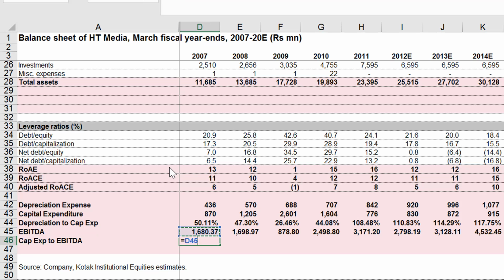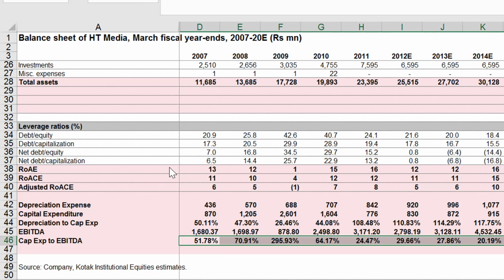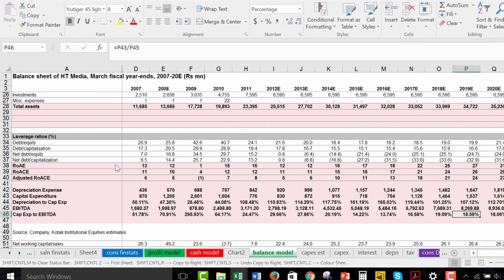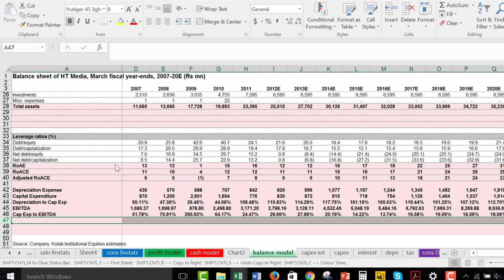And in the historic numbers, we have 51%, and then remember, this doesn't include all those acquisitions either, and then it goes all the way down to 18%. Something is not looking so good. Maybe that's why the ROIC is going up so much.